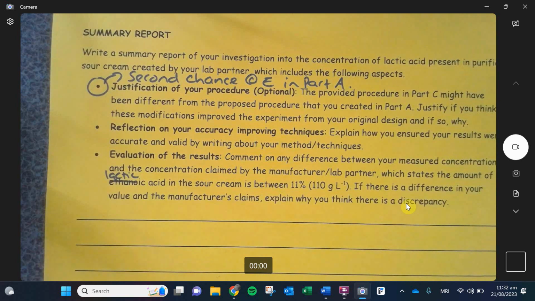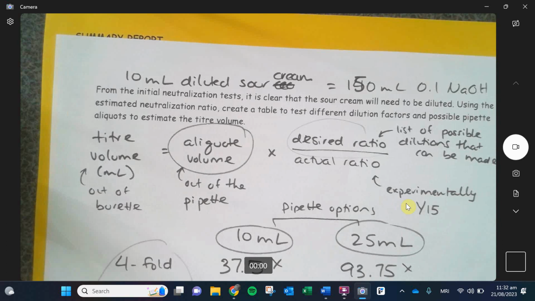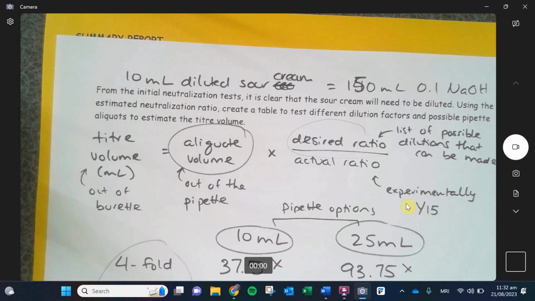So in part A, if you guys remember, you did a rough neutralization reaction. You had those little ball pipettes, little squeezy ones. And you basically put 1 ml of the acid in there, and then you're putting 1 ml at a time of the base, and you want to get a rough ratio of what the undiluted acid would neutralize with your base.